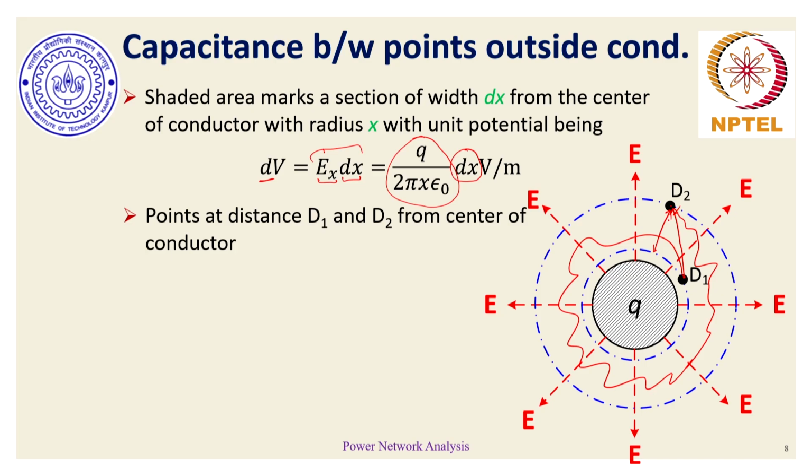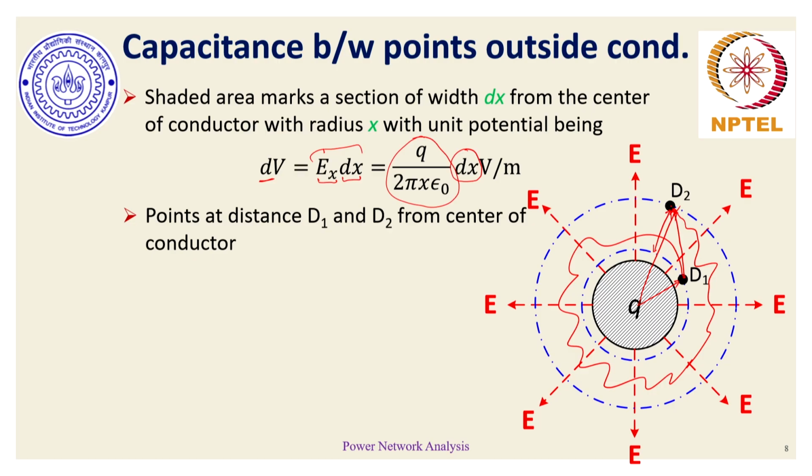These two potential surfaces, the radiuses are D1 and D2. So essentially the points D1 and D2 indicate that they are at distance D1 from the center of the conductor, and the D2 point is again at a distance D2 from the center of the conductor. And since these points are along two individual equipotential surfaces, the actual positioning of D1 and D2 doesn't matter.